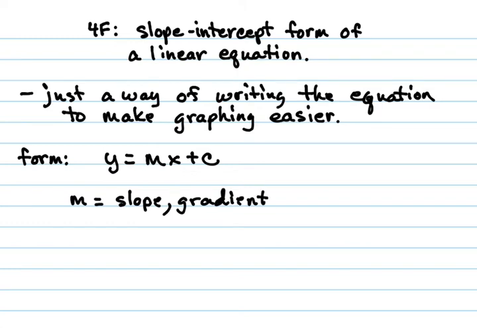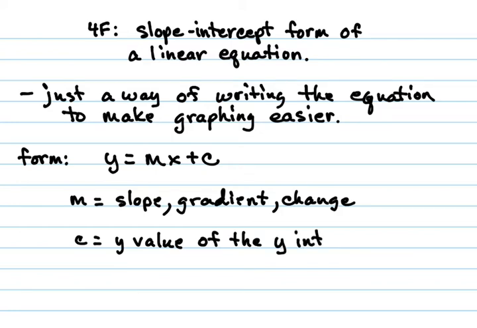And always remember, I'm going to keep throwing this word in there for you, change, because when you think of slope, that's the change. And c is the y value of the y-intercept.